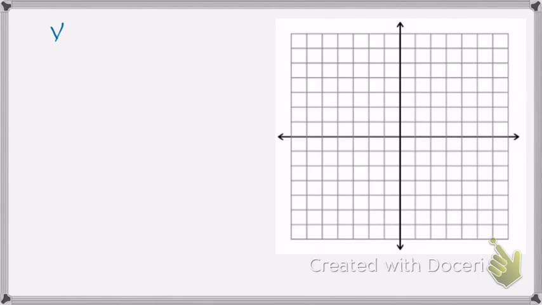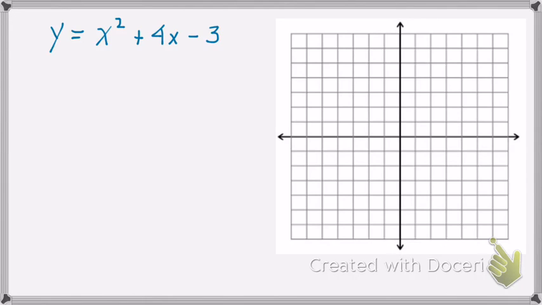Let's use y equals x squared plus, let's make it a little bit different because I want the math to come out nice and clean so we don't have to struggle with that part of it. Let's make this x squared plus 4x minus 3.